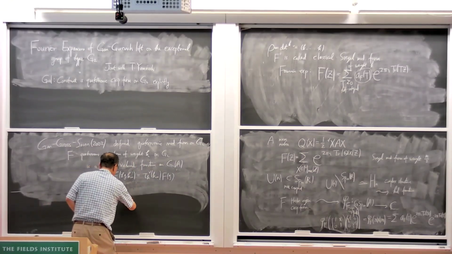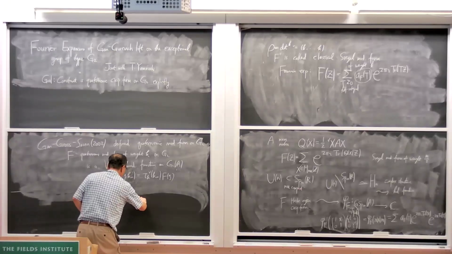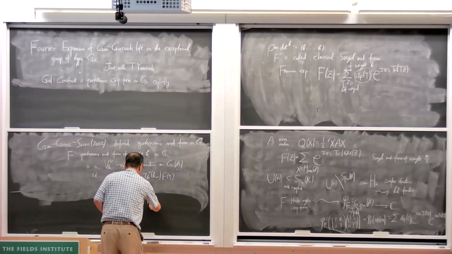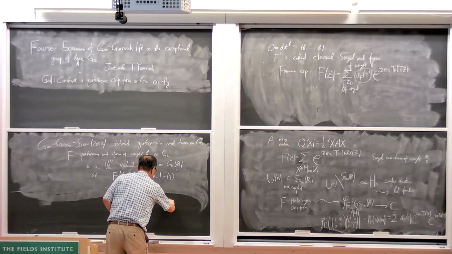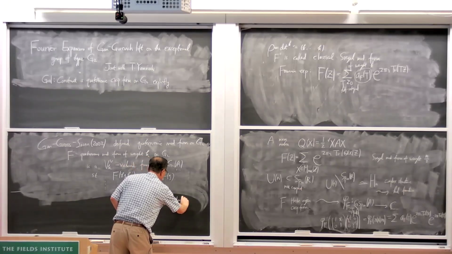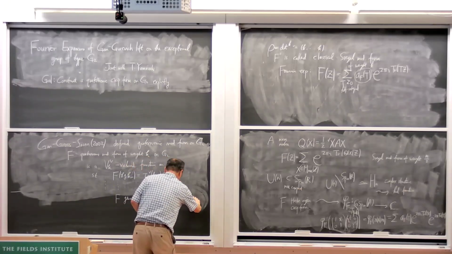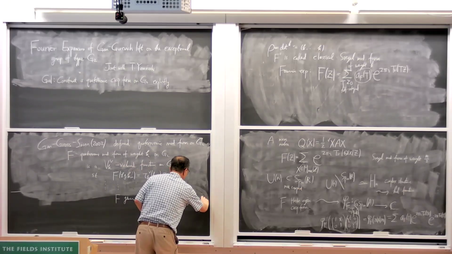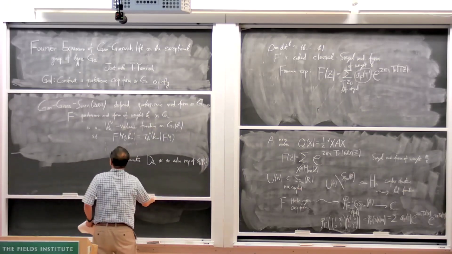Then F generates dk as an admissible representation of G2(R). Okay, so that's the quaternionic modular form.